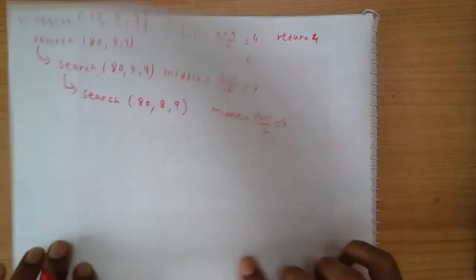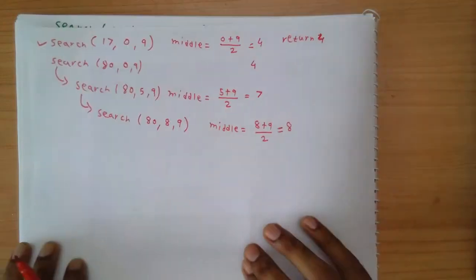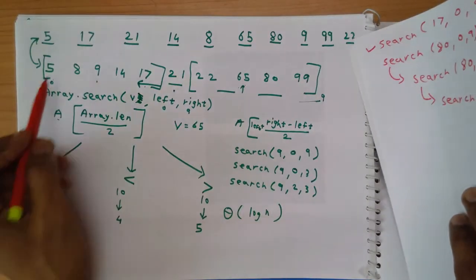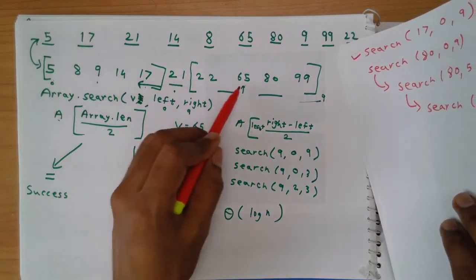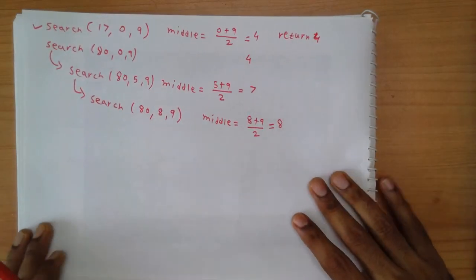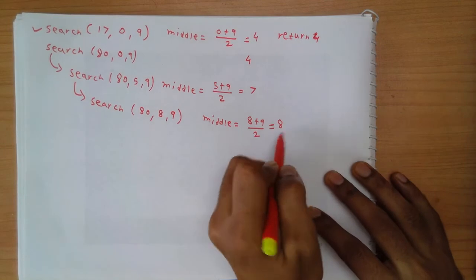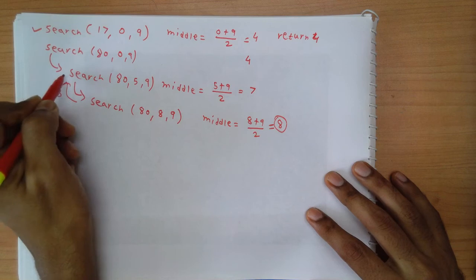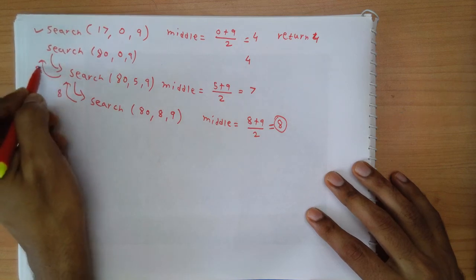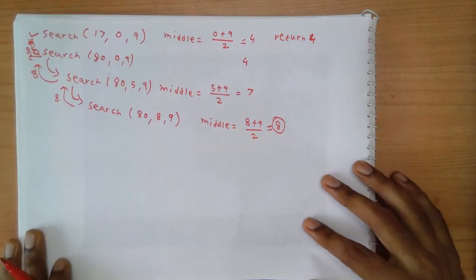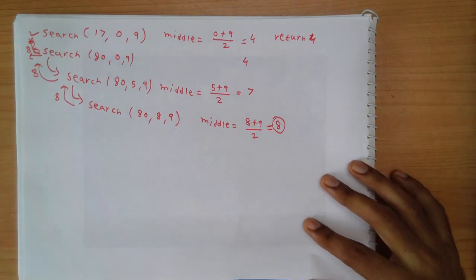So I'm going to compare against the element at index 8, which is 80, and that gives me the answer. So this is going to return 8, and this in turn is going to return 8, up the chain, and this function will return 8 to whichever function from the client code that has called it. Okay, so that's the way it works.